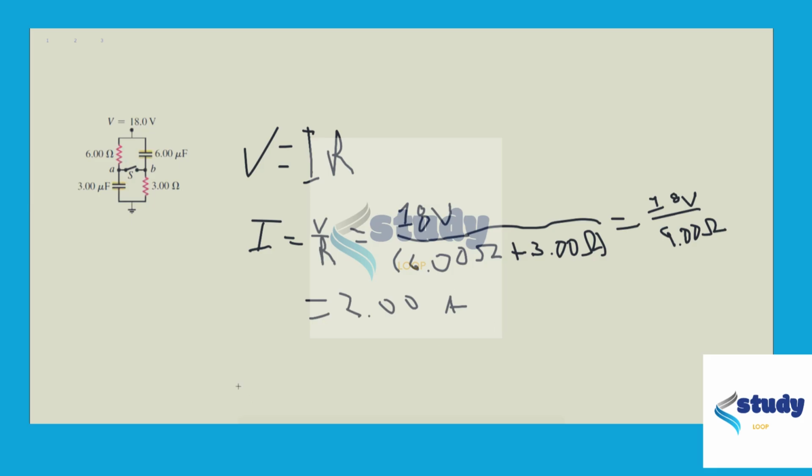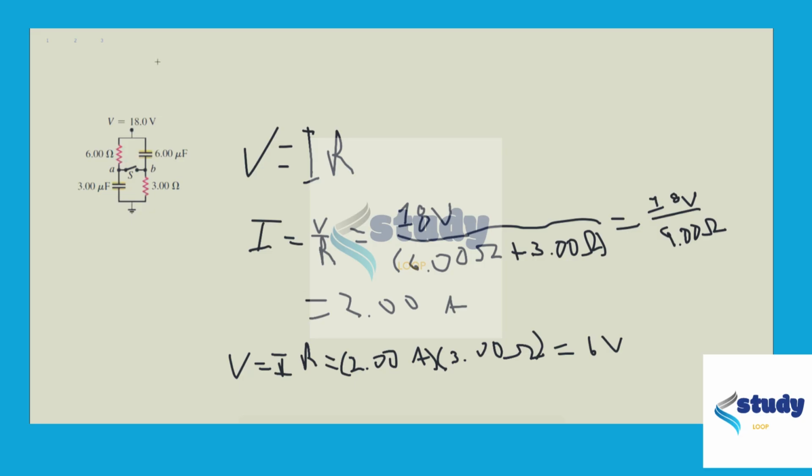So V is equal to IR, which is equal to 2.00 amps times 3.00 ohms, because that's the only resistor between B and the ground, which is going to be equal to 6 volts. So that is the potential of B with respect to ground.